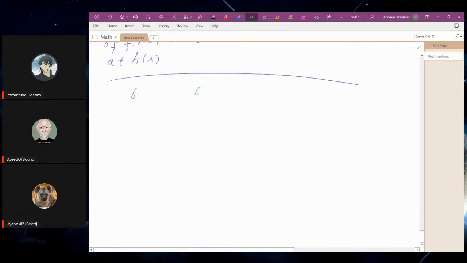So you can think about die 1 as having values 1, 2, 3, 4, 5, 6, and die 2 has values 1, 2, 3, 4, 5, 6.